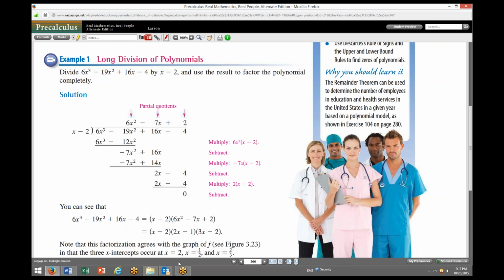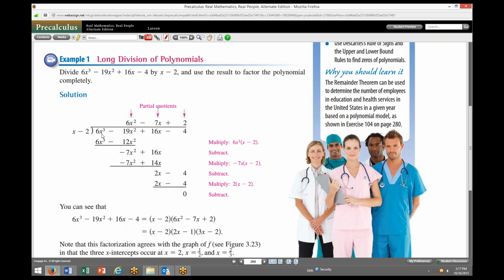You take it one term at a time. So starting to divide the x minus 2 into the big cubic polynomial, we ask ourselves, first step, how many times will just the x, not the x minus 2, but just the x of the x minus 2, divide into 6x to the third? And of course, 6x to the third divided by x, just subtract the exponents, 3 minus 1, you get 2, and it goes 6x squared times.